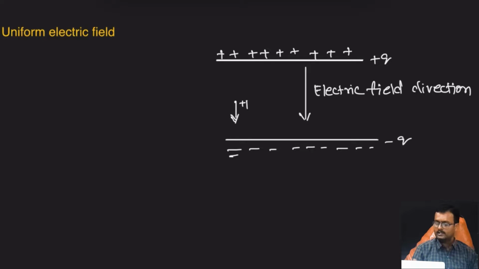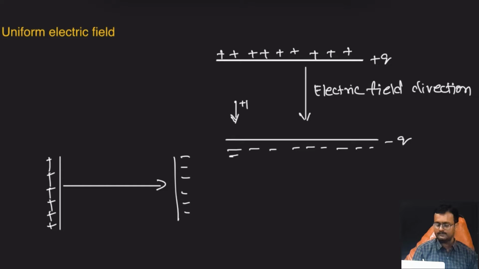Remember, electric field direction is from positive plate to negative plate. Suppose electric field is along this direction, meaning positive plate is here and negative plate is here.